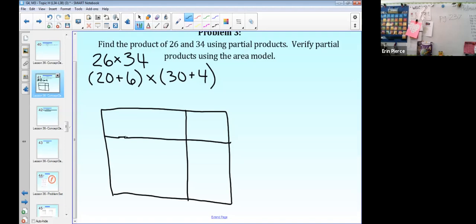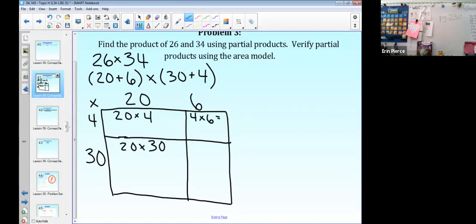All right, so we have 20 and 6 times 4, 30. And then I fill in my chart, fill it in as I go. 20 times 4, 20 times 30, 4 times 6, and 30 times 6.